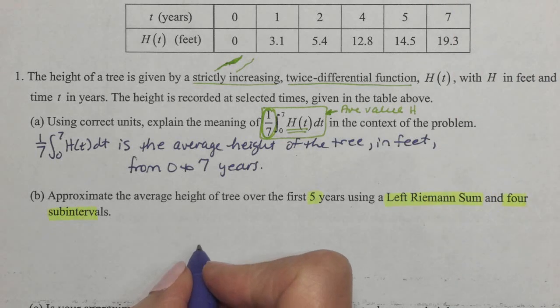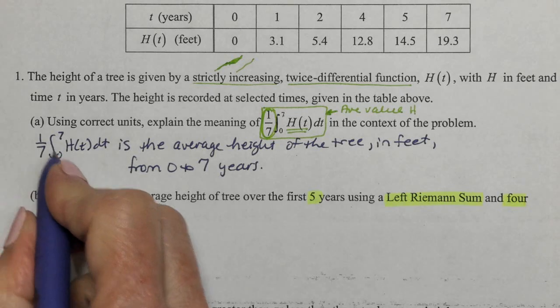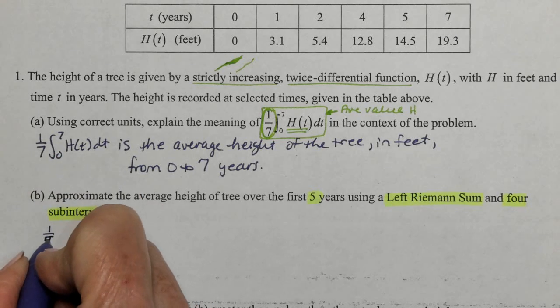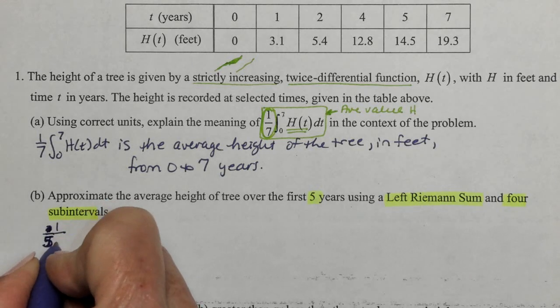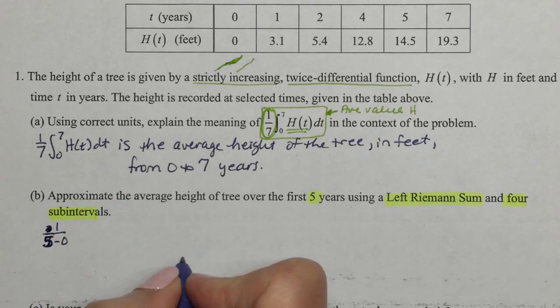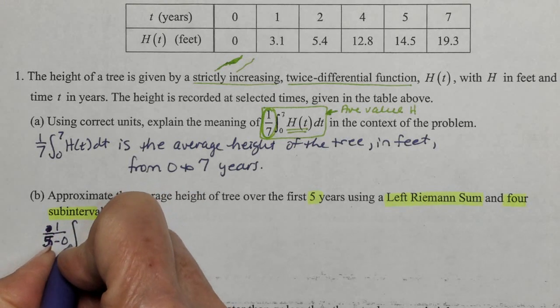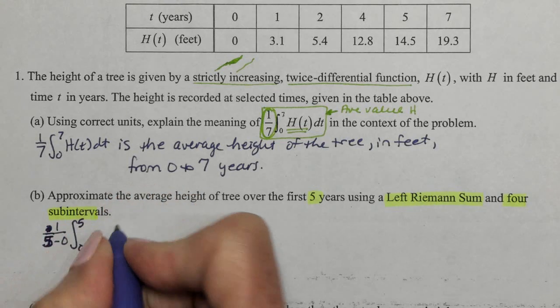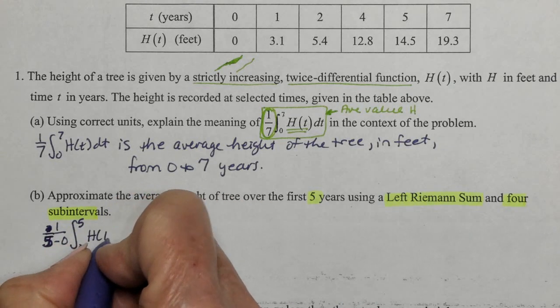Okay. So I'm going to rewrite, well, I was copying that average height from 0 to 5. This will be 1 divided by 5 minus 0. I was just going to write that as 1/5, which is fine. Times the integral from 0 to 5 of the h function, of the height function.